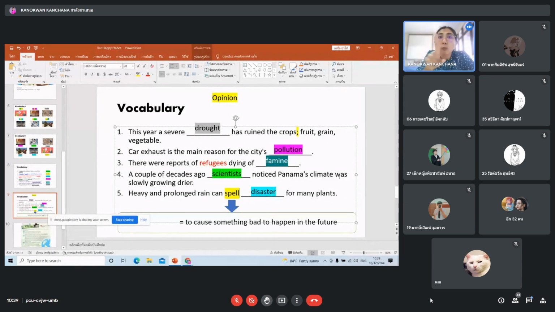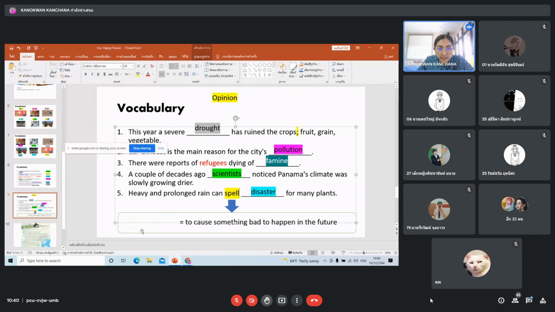Everyone, that is one meaning of the word spell. If you spell something, for example, the name of Kanokwan, K-A-N-O-K, like this. So this is spell. But in this sentence, have a look at this word, everyone.